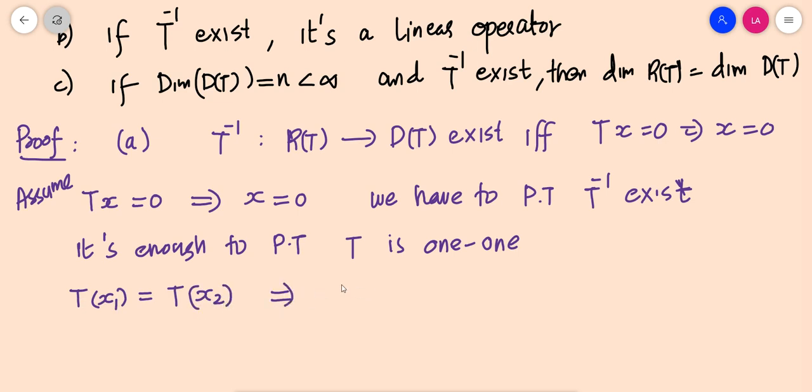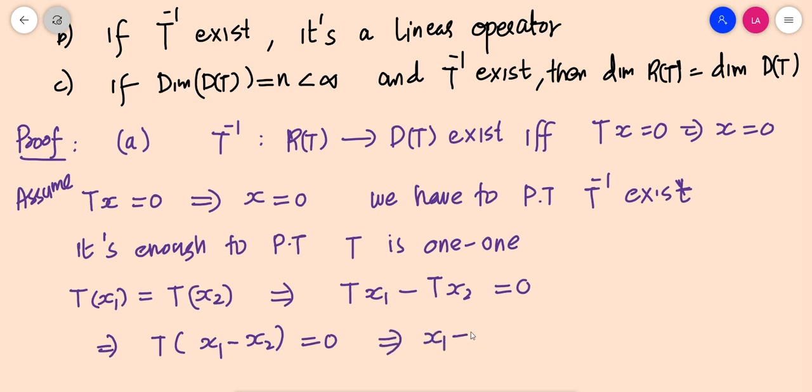Which implies T(x1) minus T(x2) is equal to 0. By the property of linearity, this implies T(x1 minus x2) is equal to 0. We have assumed that T(x) = 0 implies x = 0. So T(x1 minus x2) = 0 implies x1 minus x2 = 0, which implies x1 is equal to x2.